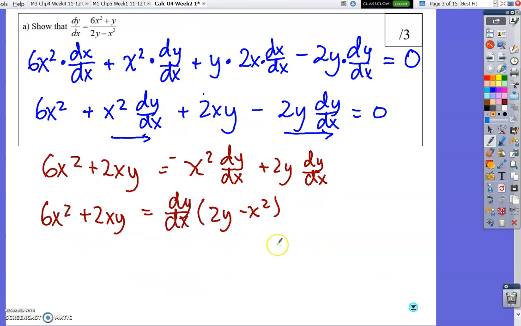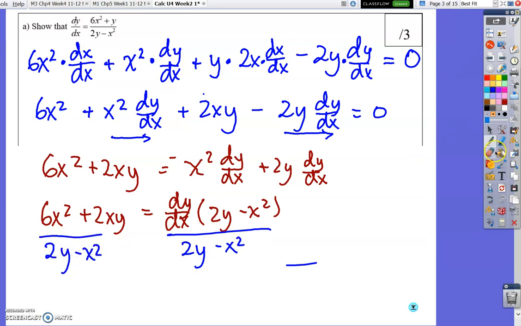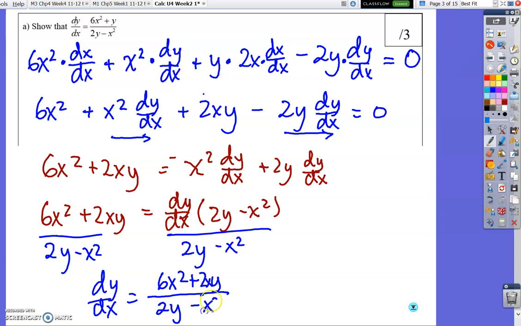Finishing off, we will divide both sides by 2y minus x squared. And then my final answer, dy dx, equals 6x squared plus 2xy over 2y minus x squared.